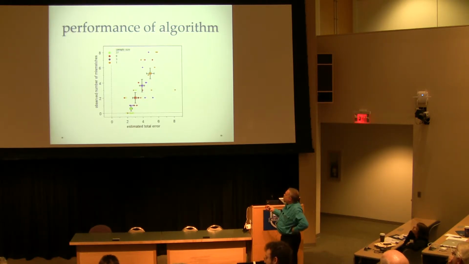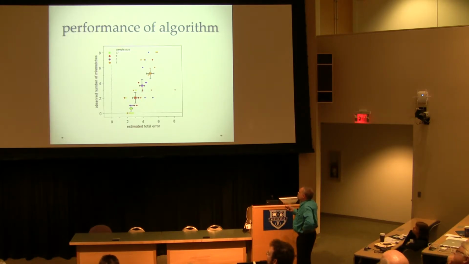And so we see that the estimated total error is nicely correlated with the observed number of mismatches. And in fact, the behavior is quite acceptable. You can stare at it a little bit longer, but it works out.